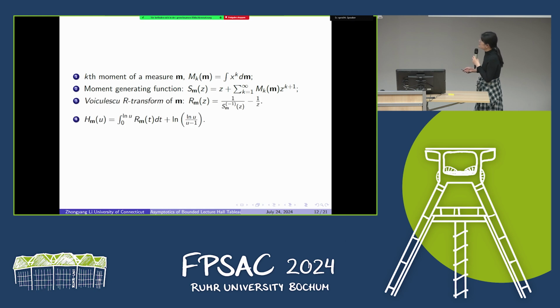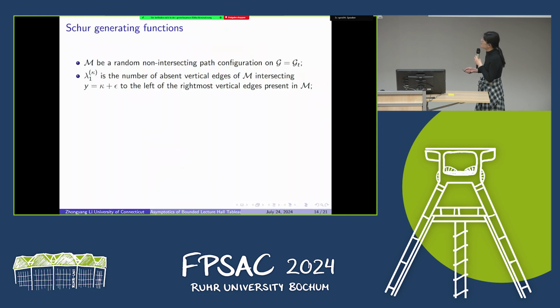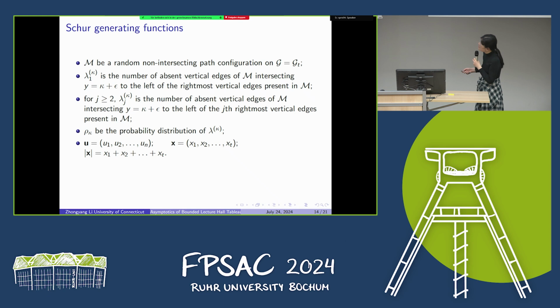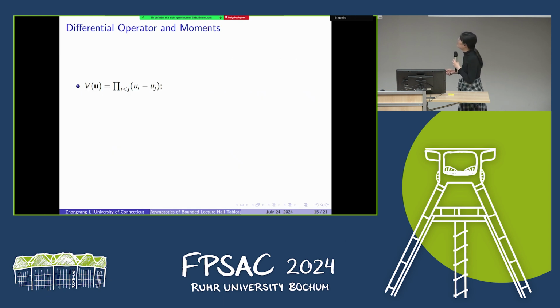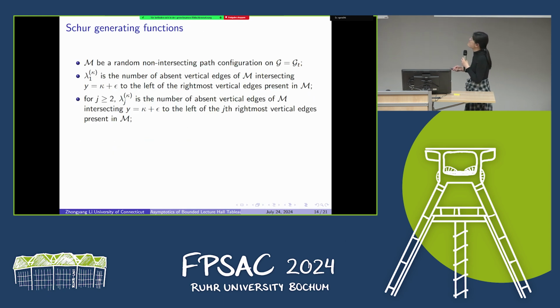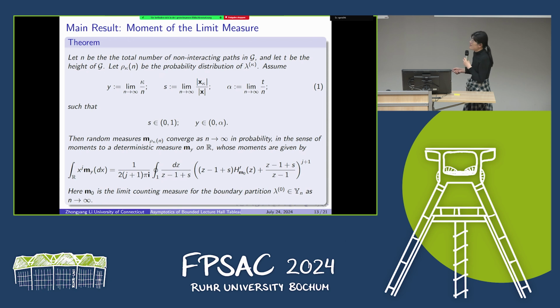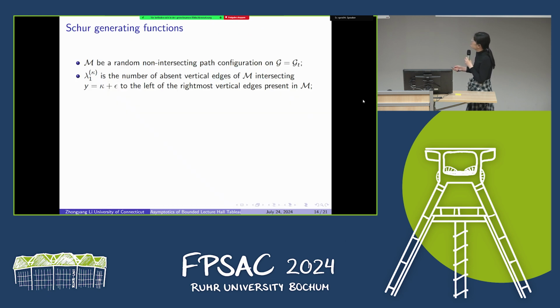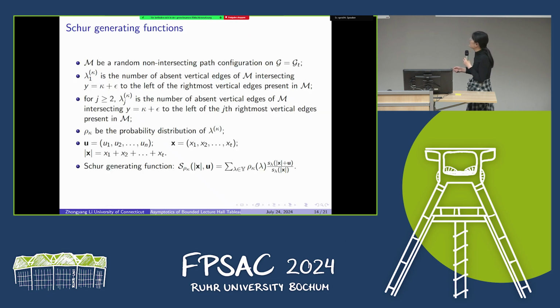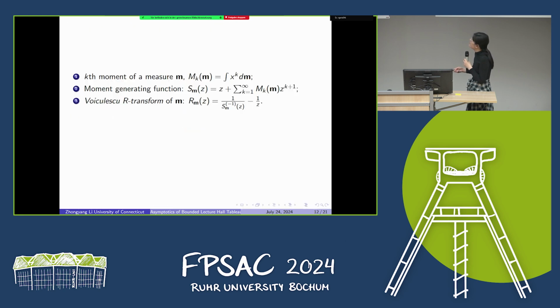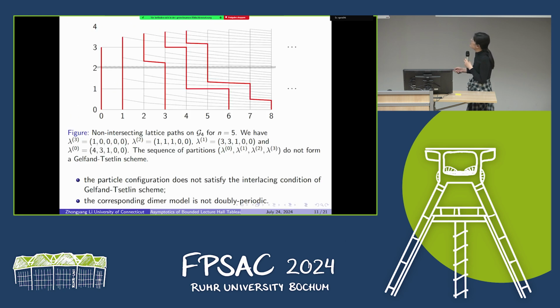So what we are going to do is, at each horizontal level, we are going to associate a random partition.